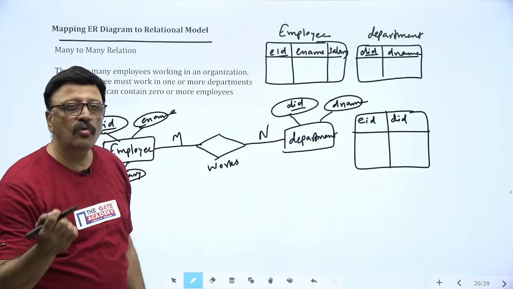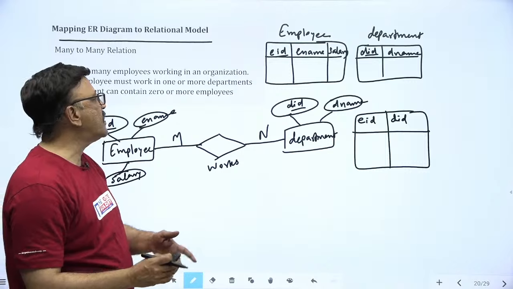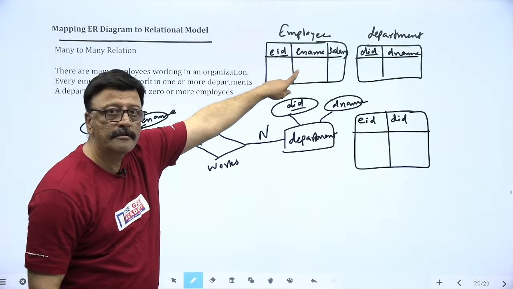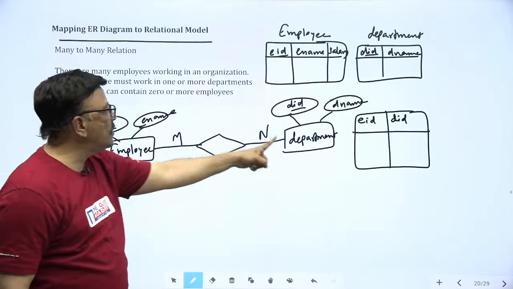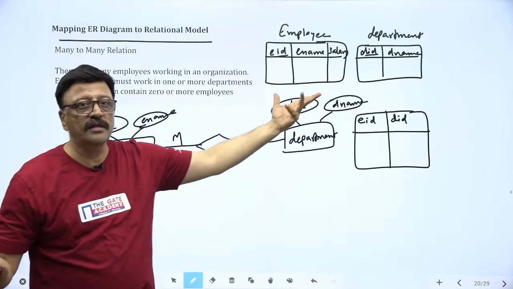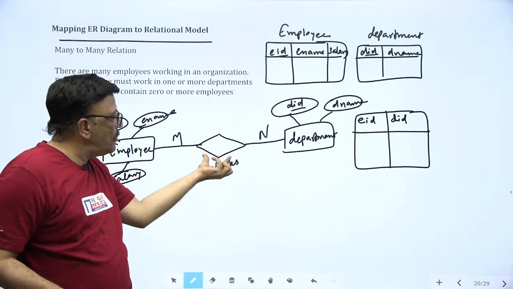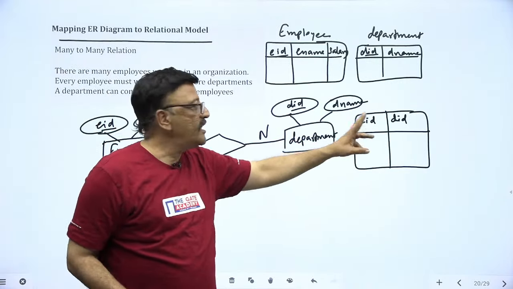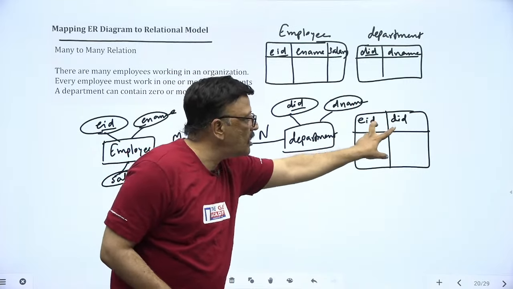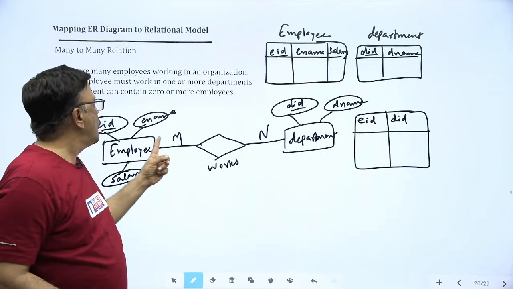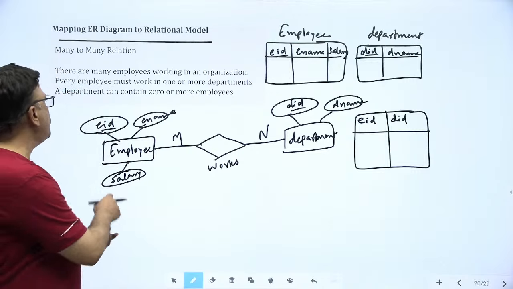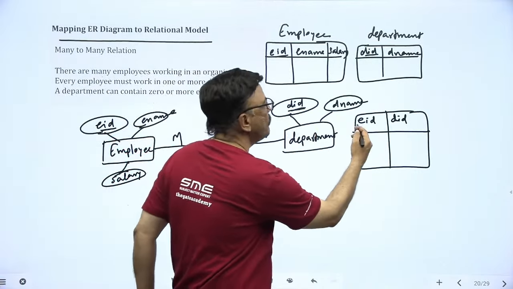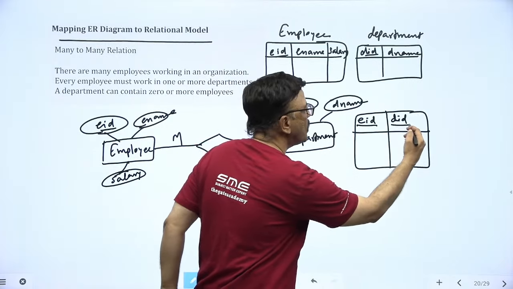Just check the rule properly. When you are translating many to many relation into tables, then both entities will become tables as usual, obviously, but the many to many relation itself will become a new table. And there will be exactly 2 columns in this example, of course, and the 2 columns will be the key attributes of both sides. That means EID will become one attribute, DID will become other attribute.